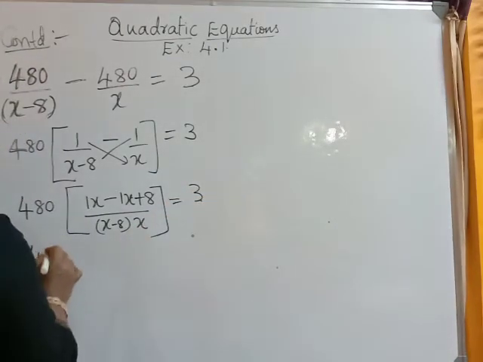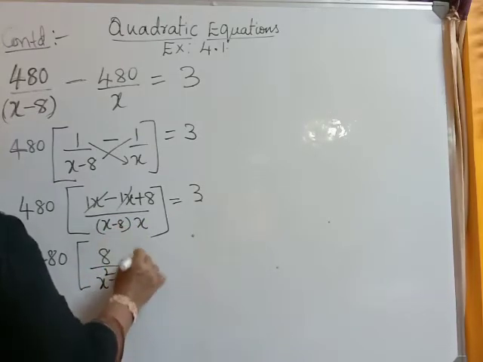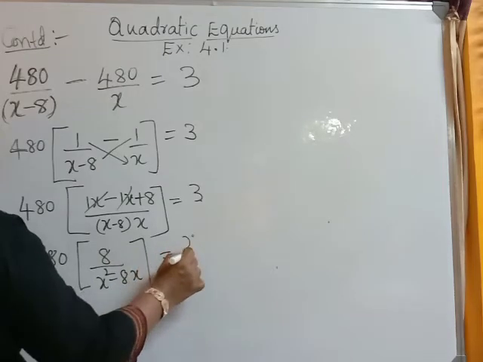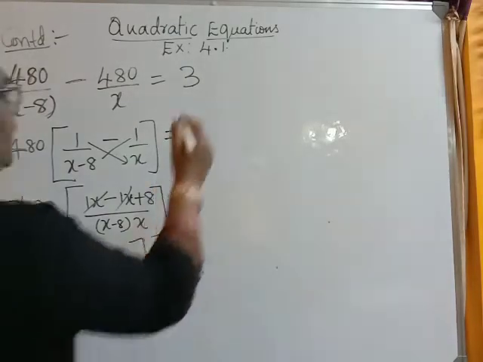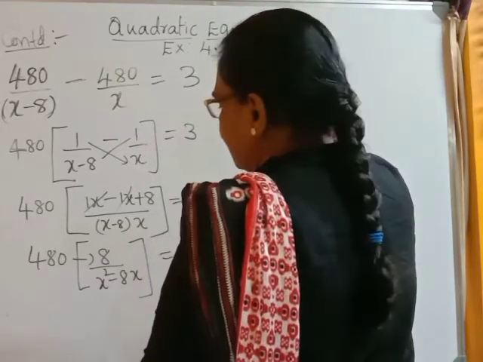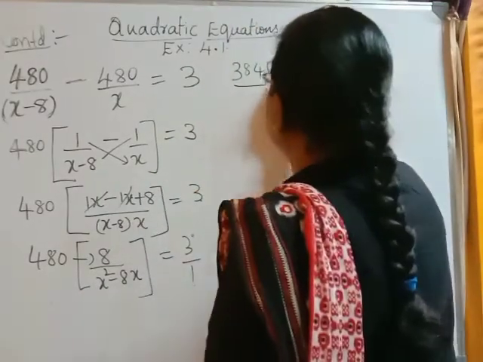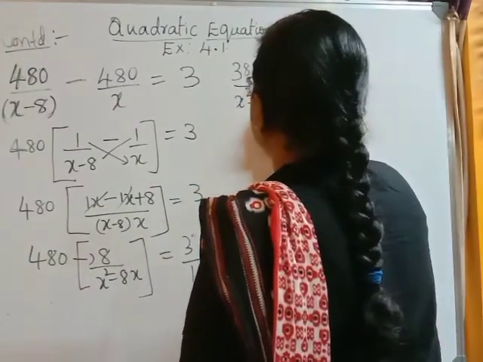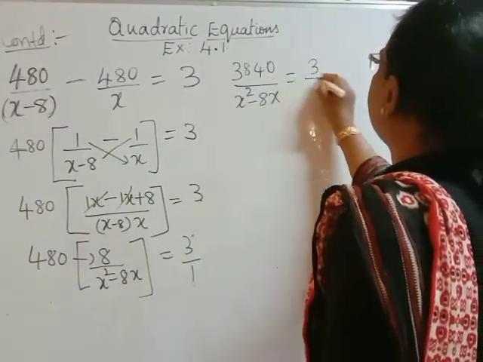So 480 into, 1x cancels, divided by x square minus 8x is equal to 3. Three can be written as 3 by 1. Now multiply 480 into 8, which is 3840, divided by x square minus 8x, equal to 3 by 1.